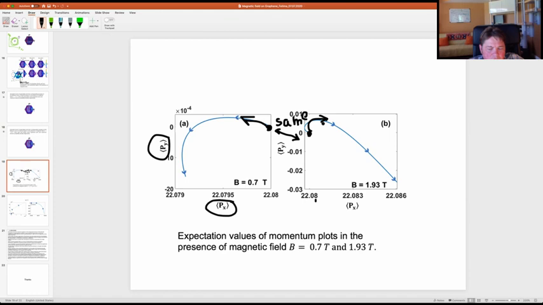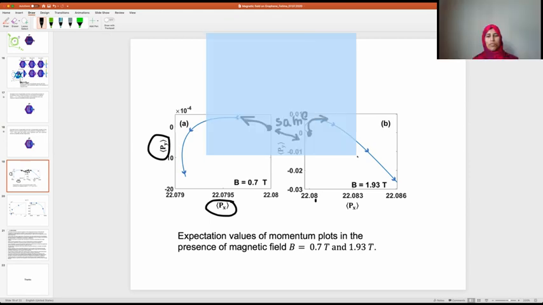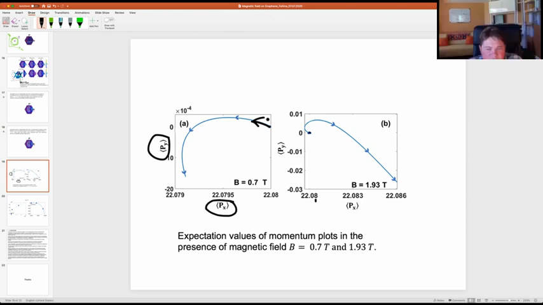I'm not sure. Looks like for a higher value of magnetic field, it moves in the opposite direction. Or one should interpret that it starts moving in the same direction initially, and then they have different curvature.